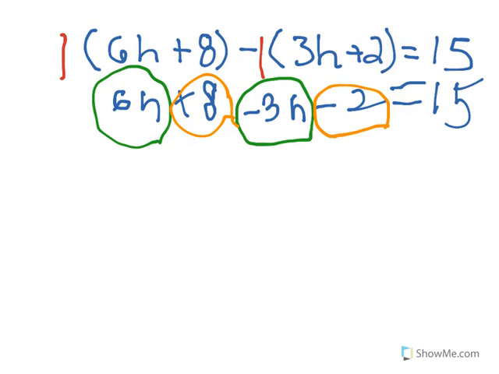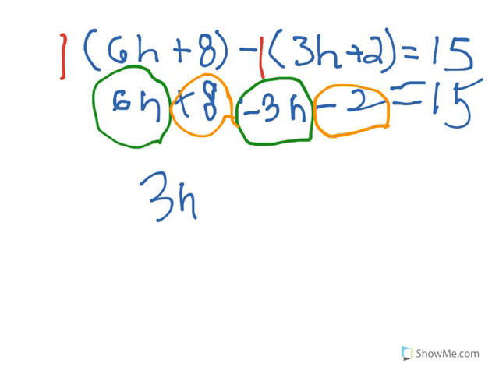All right. Combine the like terms. So 6h plus negative 3h, which would equal 3h. Wonderful. What's the other like terms? Plus positive 8 minus 2.